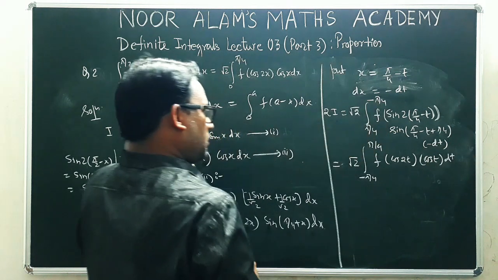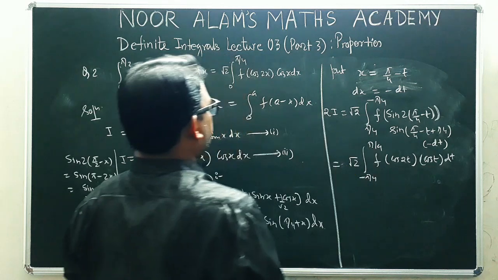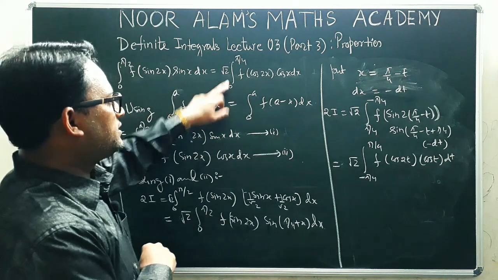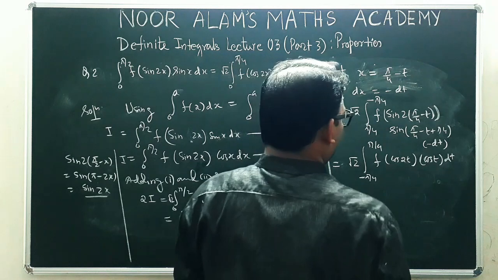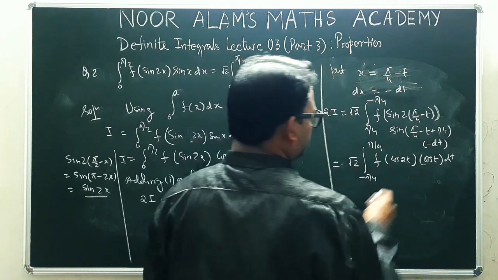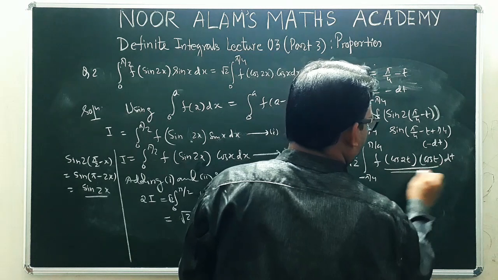Okay, now we get this result, which is the value of 2I, but we want to prove this result: integral from 0 to pi by 4 of f of cos 2x times cos x dx. So now we can do one more thing. We know that this function is an even function.